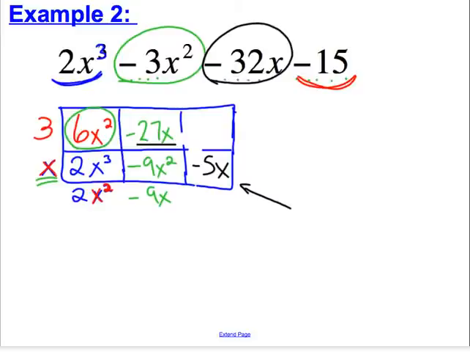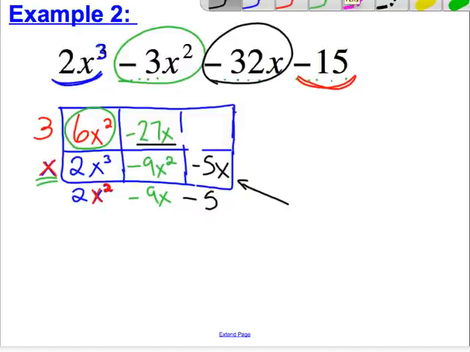So negative 5x has to go there in order for this to be factored. Again, I think about what has to be down at the bottom. Well, it has to be negative 5, because negative 5 times x is negative 5x. And then again, to get the top corner, we use the 3 times negative 5, we get negative 15.